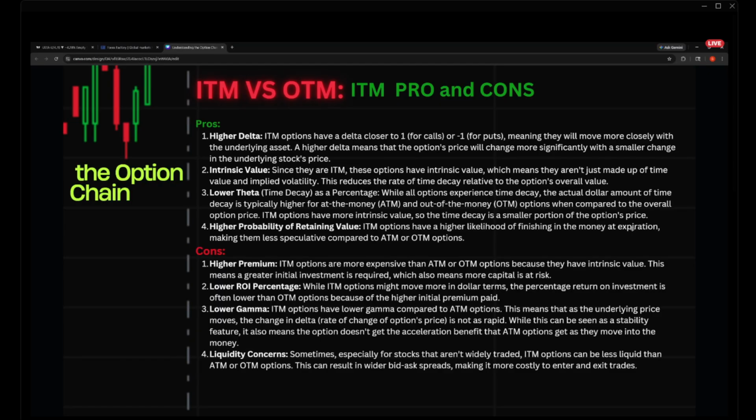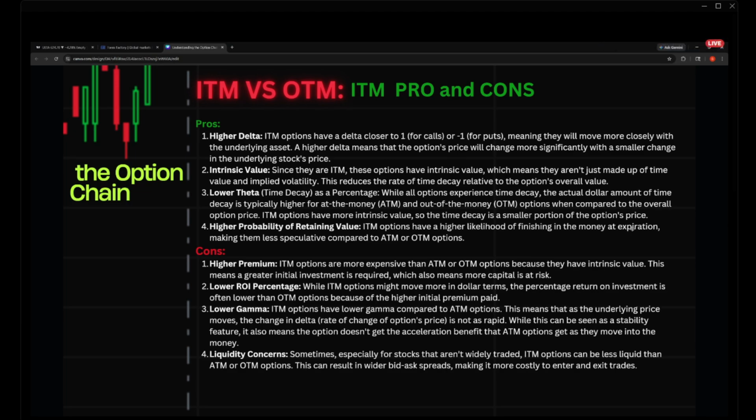I have a lot of students who have settled down from their gambling ways and have chosen to only take higher time frame setups with longer expirations, because wide spreads are no good.